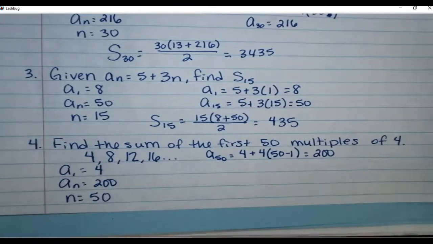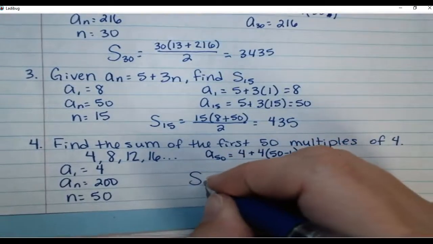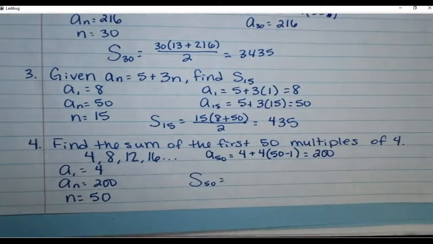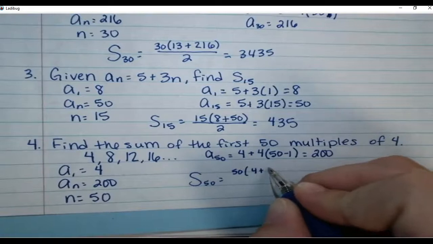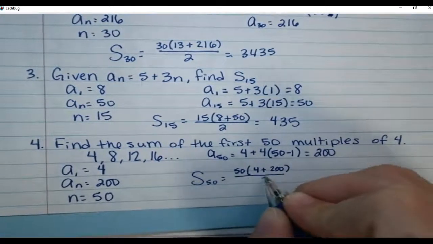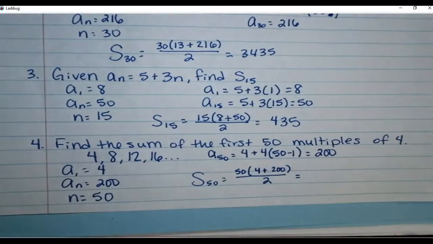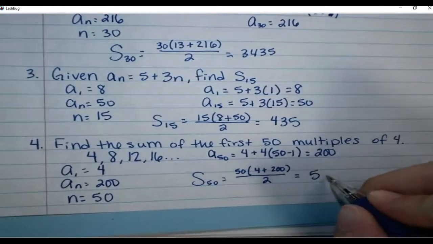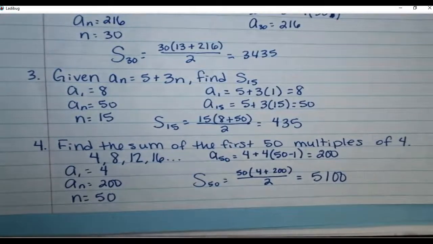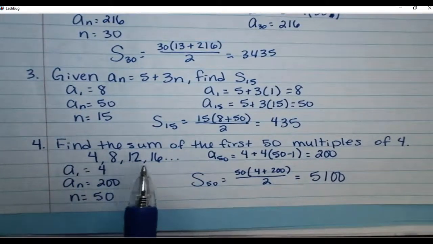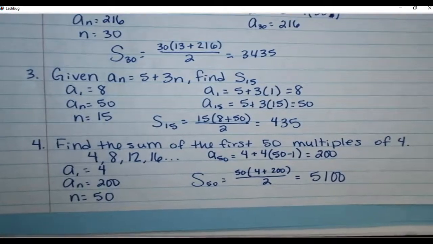And then that's everything we need, so we plug it in. So the sum of the first 50 terms is 50 times 4 plus 200 over 2. Very good. So 5100. So if it doesn't give you a sequence, use your information to write your own, and then you can find what you're missing, do what you gotta do. Any questions on any of this?